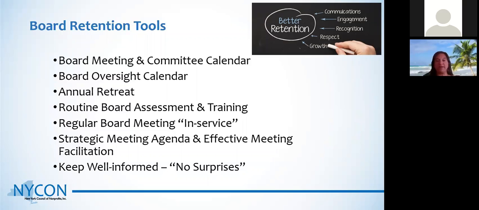We talked about regular in-services, maybe 15 minutes at every meeting or every other meeting. Make sure your meeting agendas are good and strategic and that they're productive meetings, that you don't allow one person to dominate the conversation or take you in a direction that you don't want to go. Make sure that people feel heard and involved.